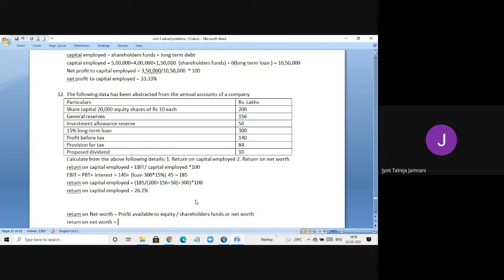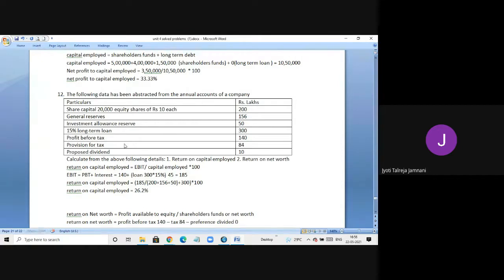We have profit before tax, that is 140. From this we will minus tax. They've given you provision for tax, that is 84 rupees. So minus 84. And from this we have to minus preference dividend. It is not given. There is proposed dividend, that is for equity shareholders, and there is no preference share capital if you look at the entire problem.